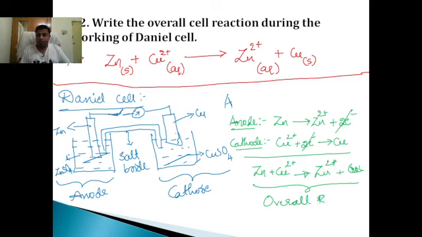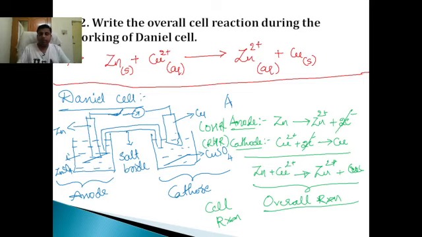We know that the reaction that takes place at anode is called oxidation half reaction, and the reaction that takes place at cathode is called reduction half reaction. Sum of oxidation half reaction and reduction half reaction is called overall reaction, or it is also called cell reaction.